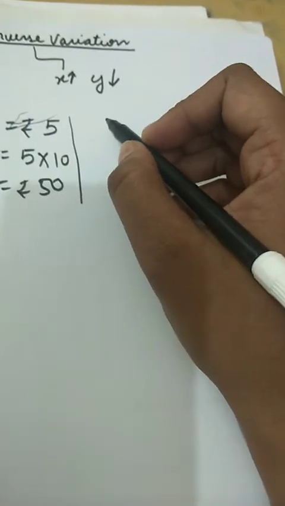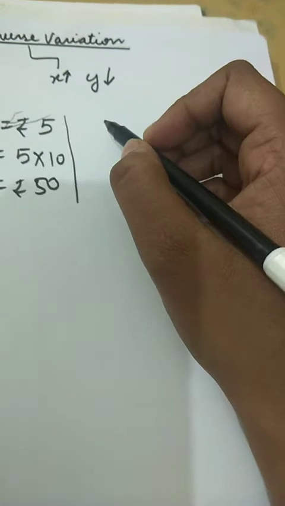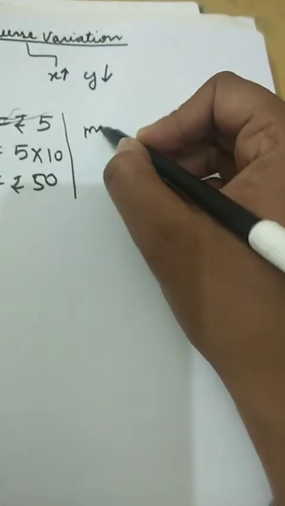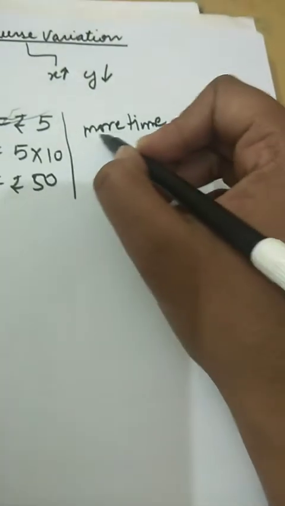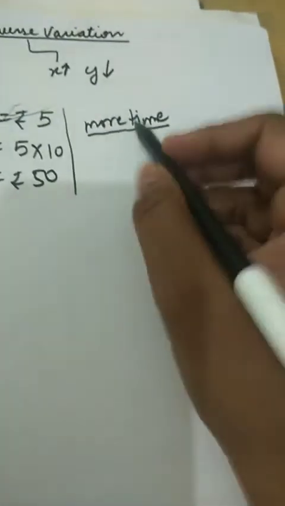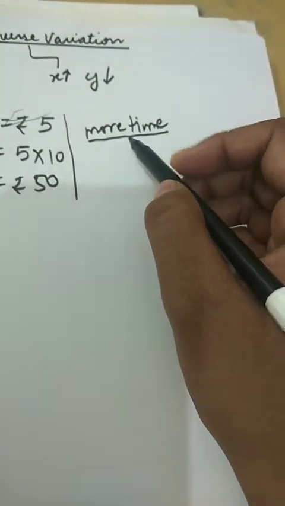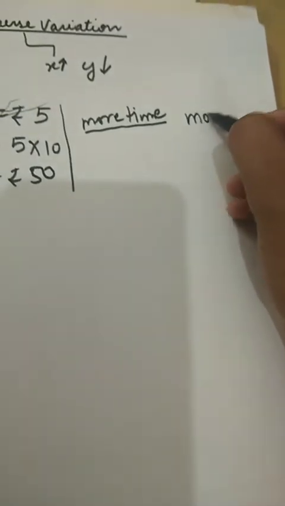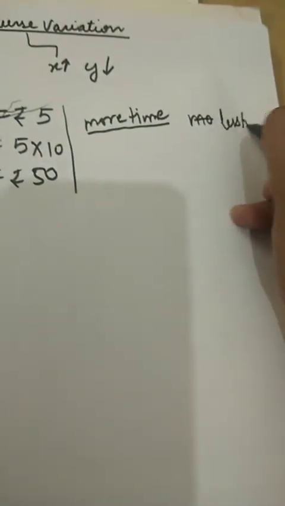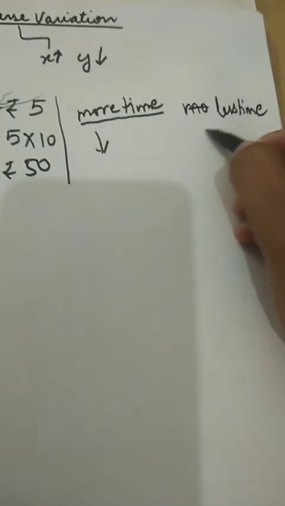If your mother is working in a kitchen alone and she is doing all the work, she will take more time to complete the work. But if you arrived and you helped your mother in the work of the kitchen, that will take less time to finish up the work. Why? Because here the number of persons was less and here the number of persons has increased.